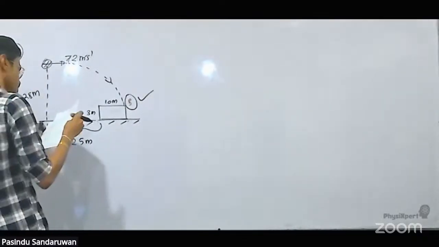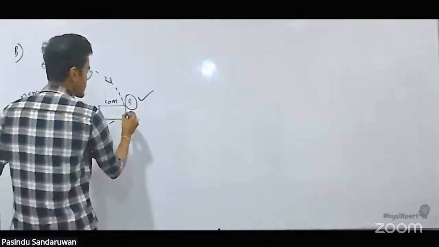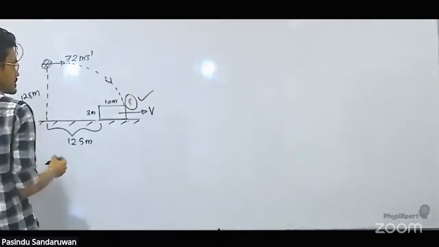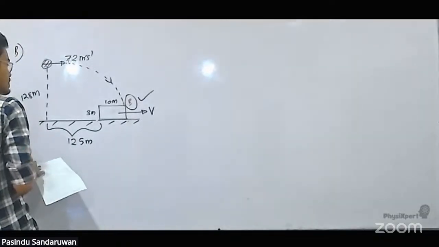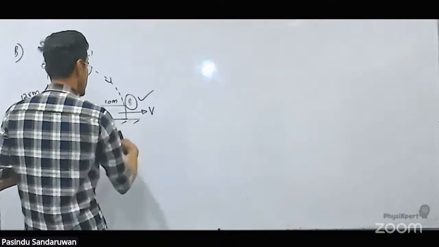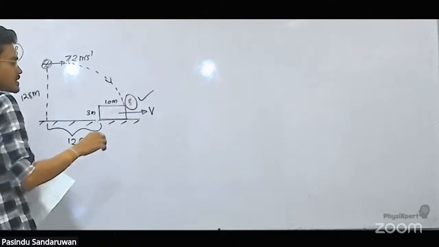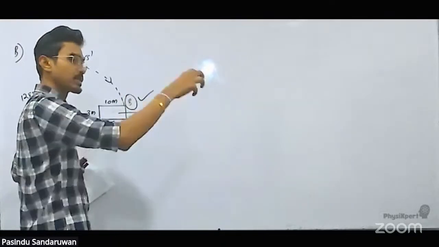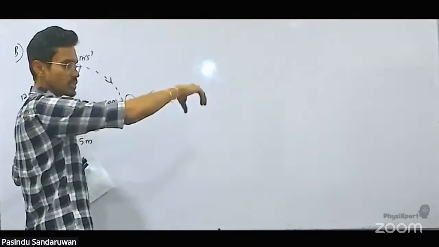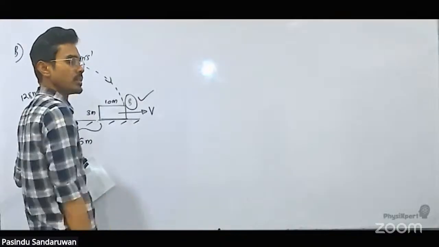Now that's done. Find the velocity of the truck. Since this is a relative motion, let's consider the velocity of the truck as V, and apply relative velocities. Relative velocity means with respect to someone else: if that particular frame is at rest, how does he see that object?